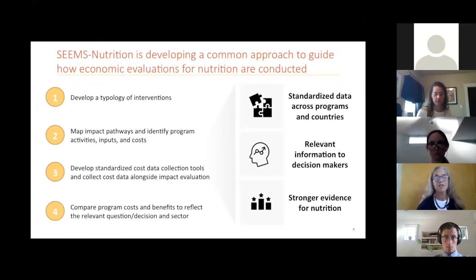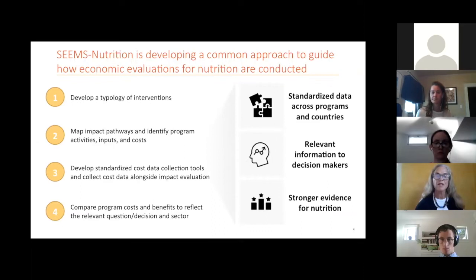Now, as I mentioned, this is not new economic evaluation methods. Rather, it builds on best practices, and it builds on the resources that we shared in the previous session, particularly reference cases for conducting economic evaluation, costing, and benefit cost analysis. So let's look at each of these steps now.